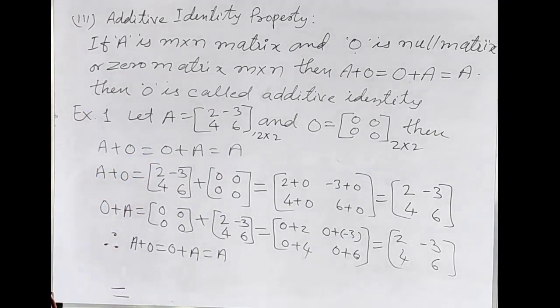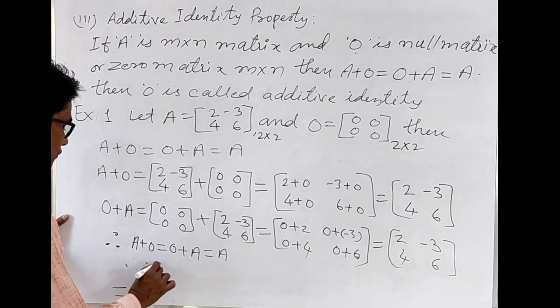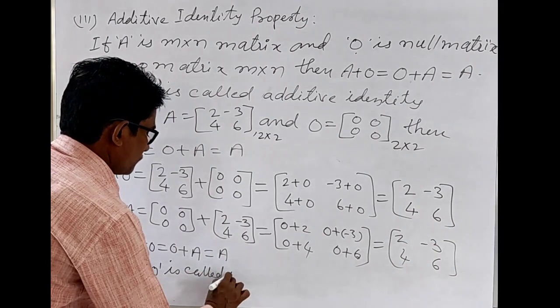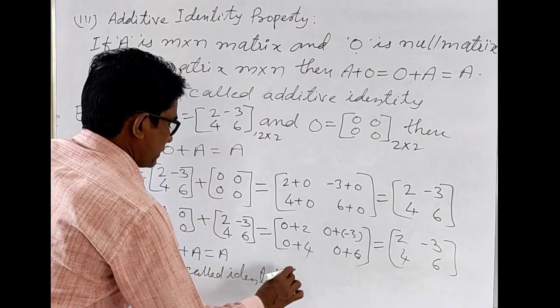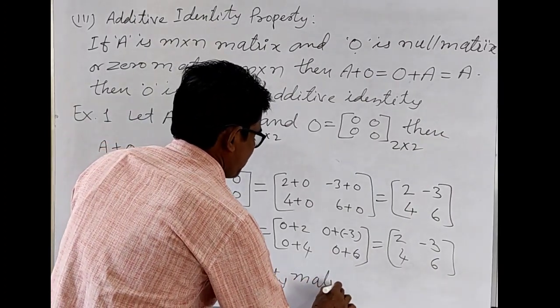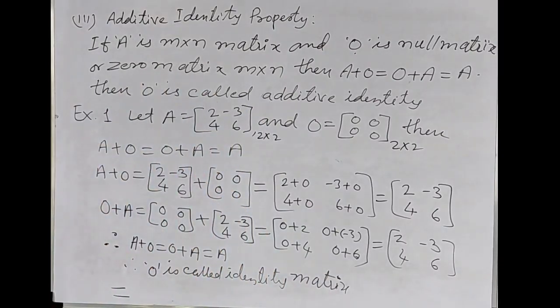So again we got A matrix. Therefore O is called identity matrix.